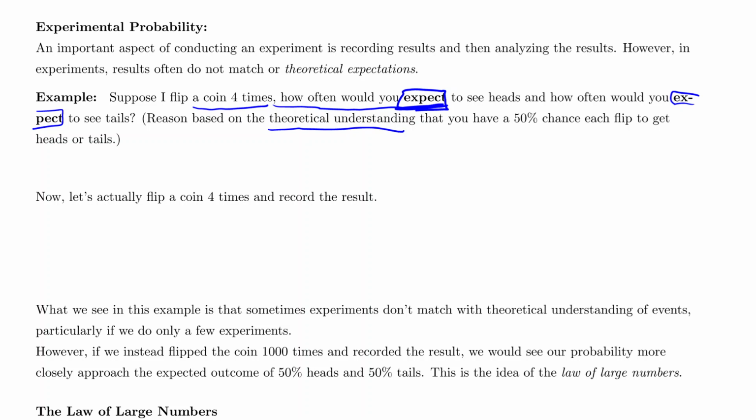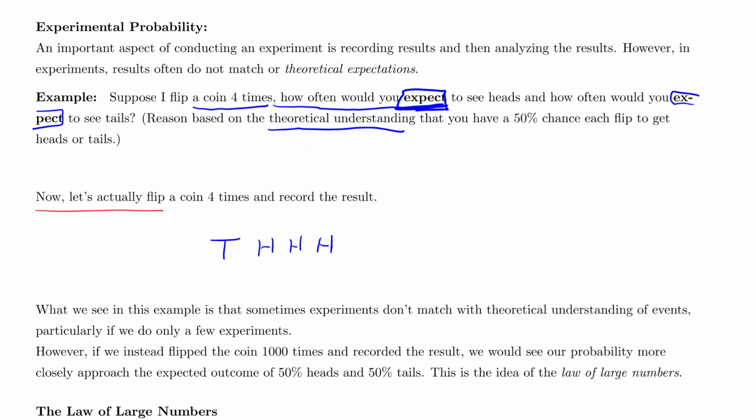Okay, so imagine we actually flip a coin. Actually, I would like you to flip a coin. Get a quarter, a penny, whichever coin you have, and flip it 4 times. I just flipped it myself, and I got tails, heads, heads, and heads.